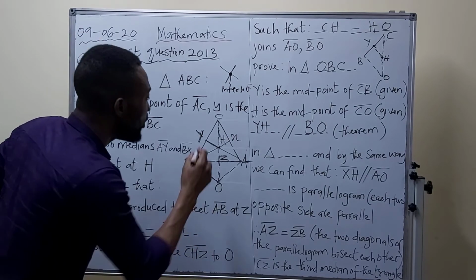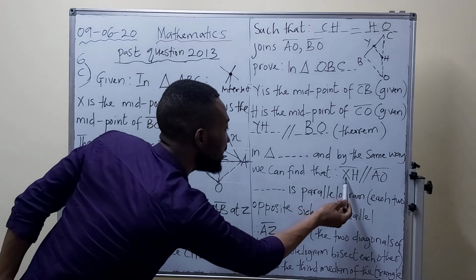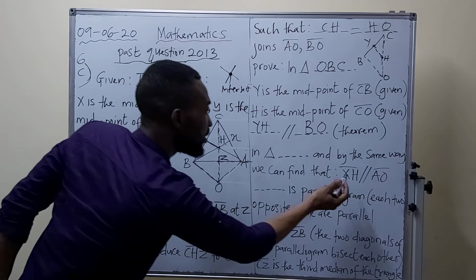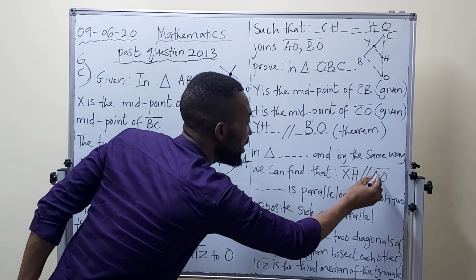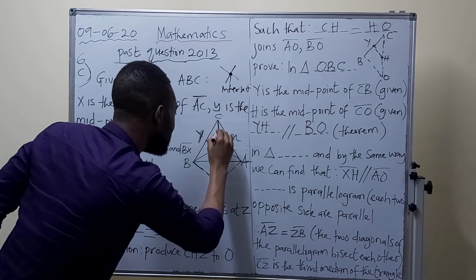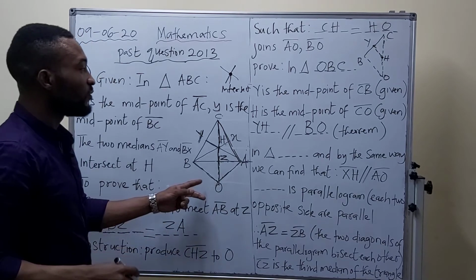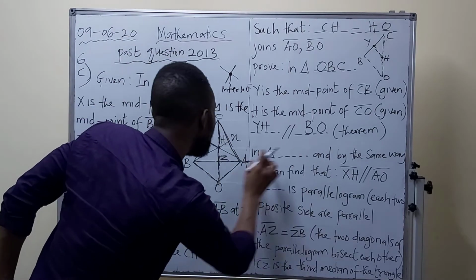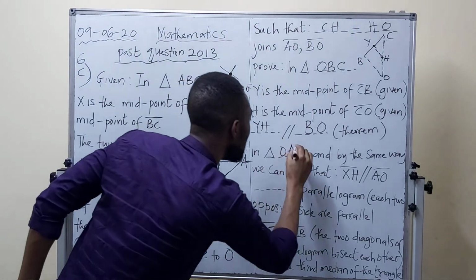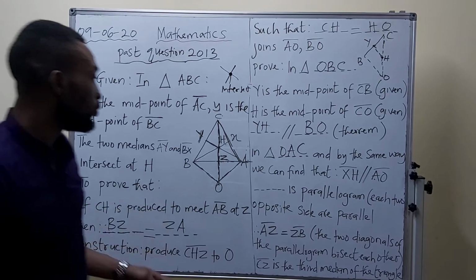So definitely we find that XH is parallel to AO. They are talking about this one triangle because it is opposite to the first triangle that we saw. This one will be OAC, which is the second triangle. So we solve that one.